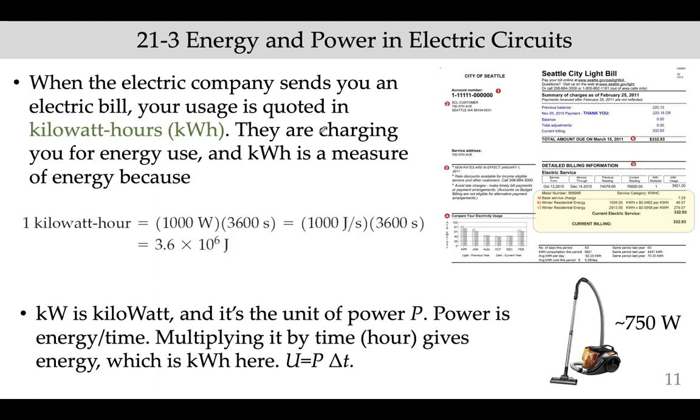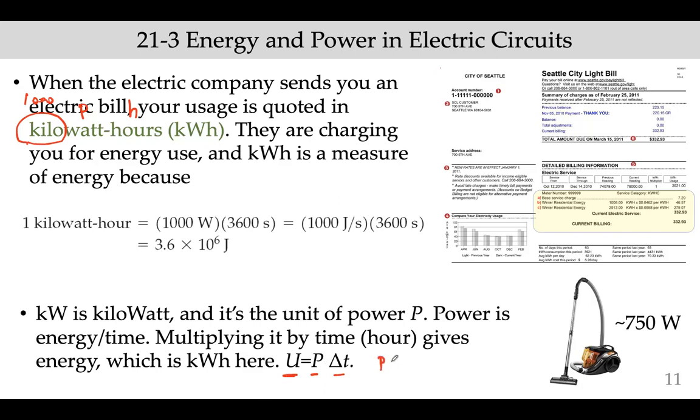When the electric company sends you an electric bill, your usage is given in kilowatt hours. Remember, kilo just means 1,000. Watt is the unit of power, and hours is time. So this is power times time. And if you remember from physics 1, power times time gives you the total energy used or produced.